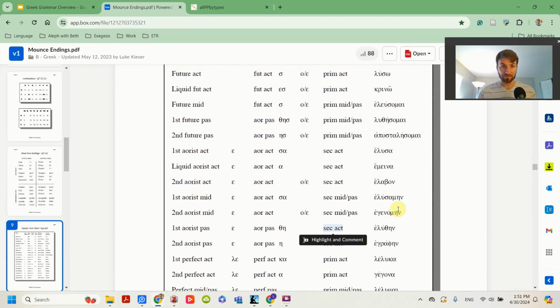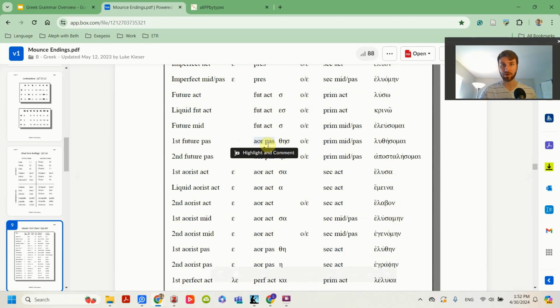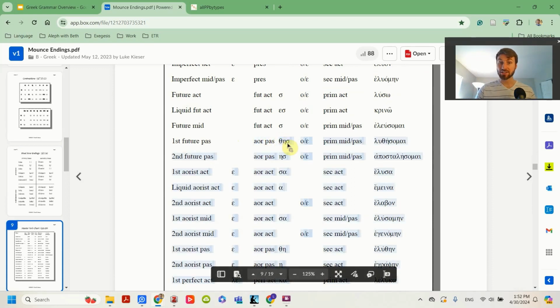For the future, let's go up here to future. There is no augment because we're not in the past. It takes the aorist passive stem, so the sixth column in the principal parts. It has the theta eta, like the aorist passive, but it adds sigma. So thēs. And then it still has the connecting vowel, and then adds the primary middle passive endings.